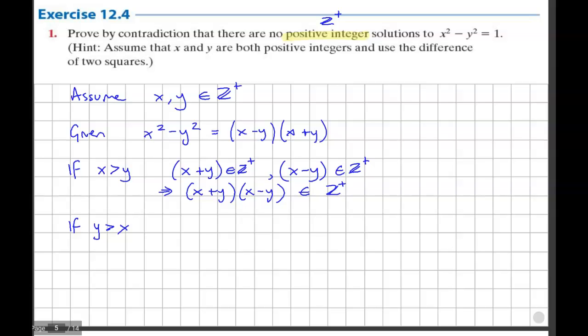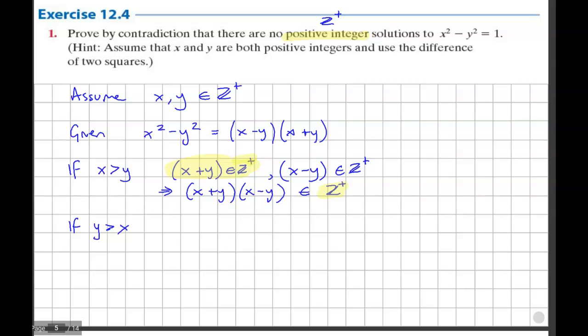We can assume that x plus y is not equal to 1, it's greater than 1. Therefore the result from multiplying the two together is going to be greater than 1.